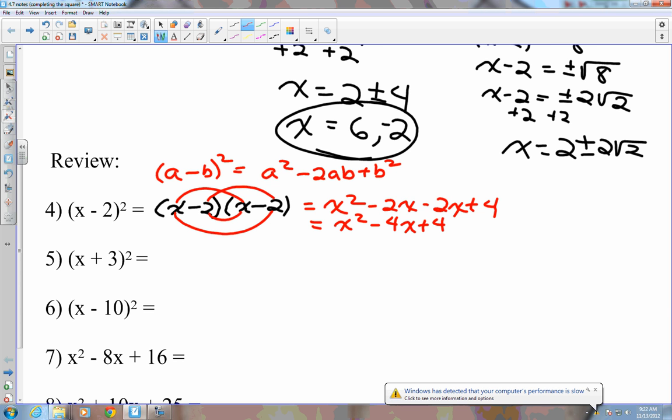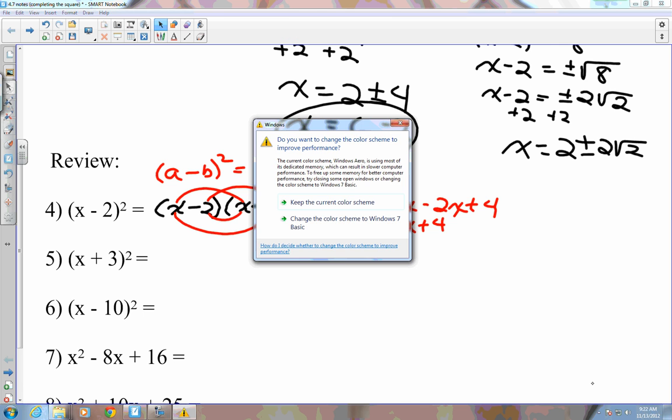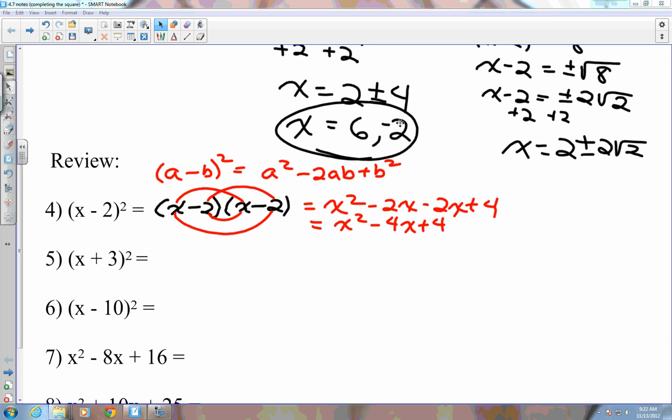Remember that? That is the pattern that you can use as a shortcut for foiling perfect squares. So let's see how that would apply and see if we get the same answer.